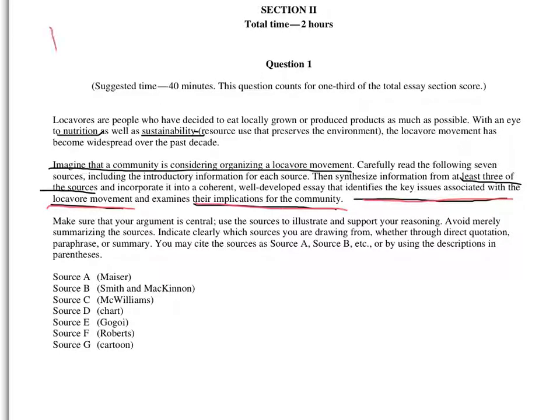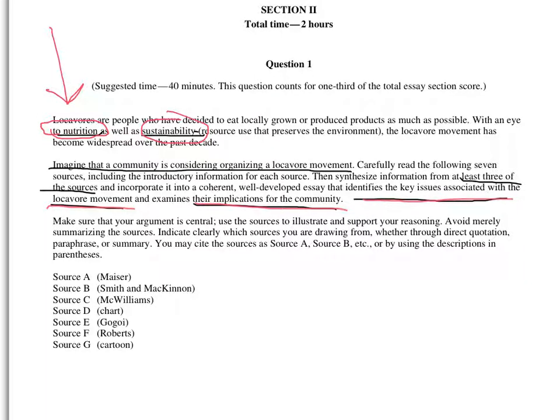Now, if we look at this top paragraph here, the prompt has once again given us a clue of the things that we can write about in the body paragraphs of our essay. It mentions that the locavore movement places the emphasis on nutrition and sustainability. These are 2 of the key reasons why people are increasingly turning towards eating locally grown or produced products. So a way of approaching this essay is to assess the viability of those 2 ideas.